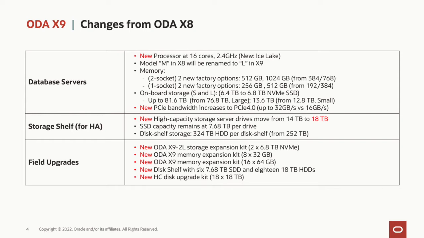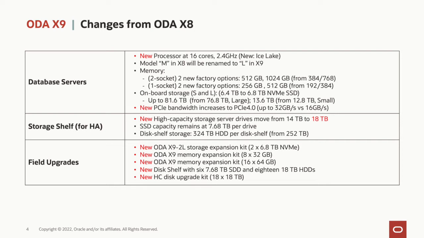So the processor is still 16 cores, now at 2.4 gigahertz, but it is the latest technology, what is called Ice Lake. The Model M is renamed to L, and for the memory, you can see here that the two socket configuration, which is the large model or the server in the HA configurations, now has a 512 gigabyte base configuration of memory.